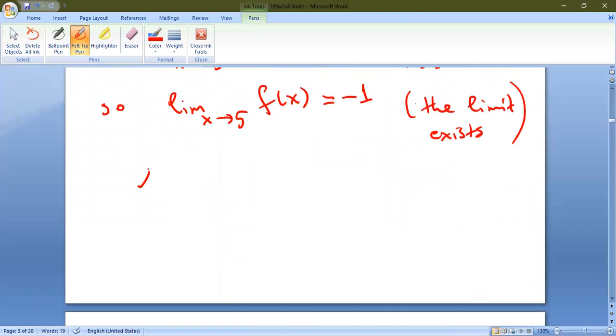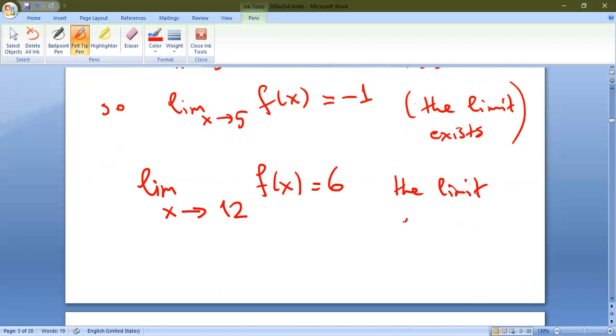So the limit of the function as x approaches 12, as you can see from both left and right, is equal to 6. And it exists. The limit exists. But remember, f of 12 is equal to minus 7. So as you see, the definition has nothing to do with it.